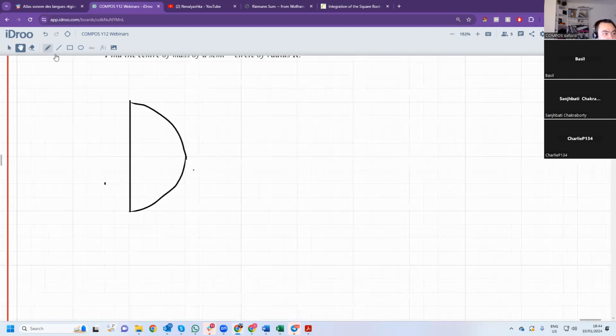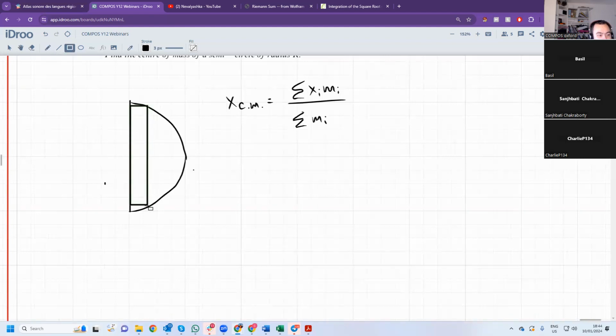I'll just remind you the formula for the center of mass: X center of mass is the sum of xi mi divided by the sum of mi. So we are going to slice the semicircle into bits.